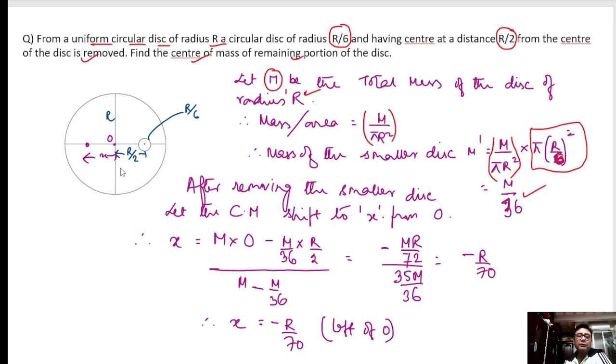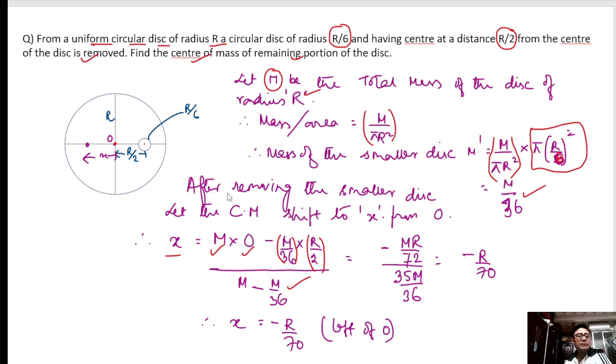So let us see. We know the center of mass will shift to the other side. So x is equal to the mass into 0, because the total mass of the initial disc was at the center, and now this smaller mass, M by 36, is r by 2 distance away from the center. We take a negative sign because this mass is removed from here.